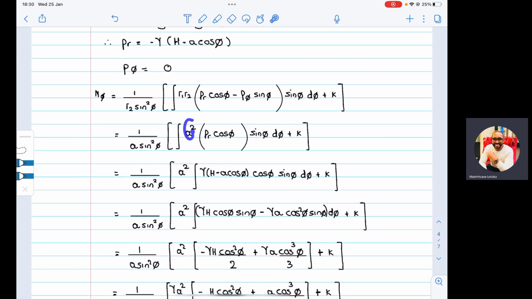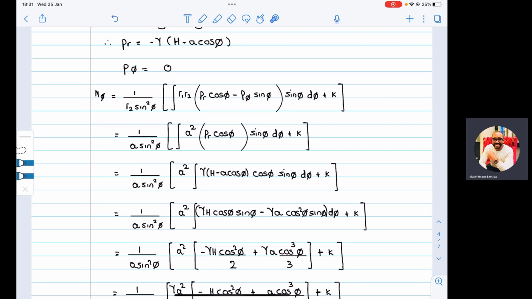It's going to be A squared: R1, R2, it's A times A, that's A squared, and then R2 is still A, sine squared. And then this term here vanishes because P phi is 0. And then we still have sine phi and d phi, because remember, I did say the meridional stress does change with phi. And then plus K, the integration constant.